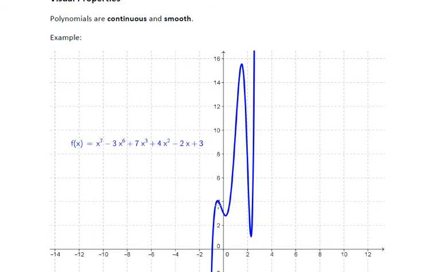Smooth means there are no abrupt, sharp corners. They're very smooth. This one down here looks like it might be sharp, but it's just the zoom level.